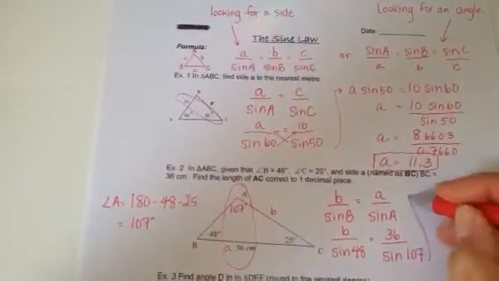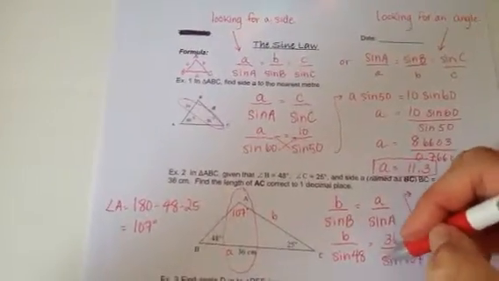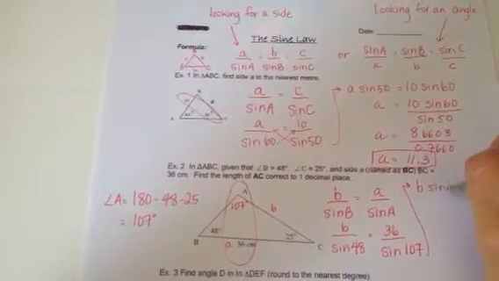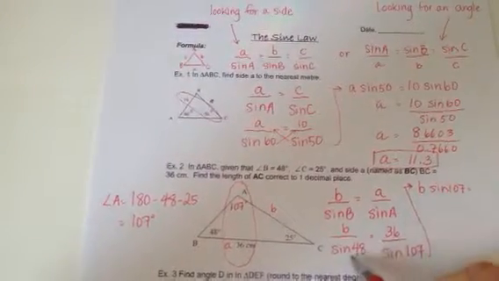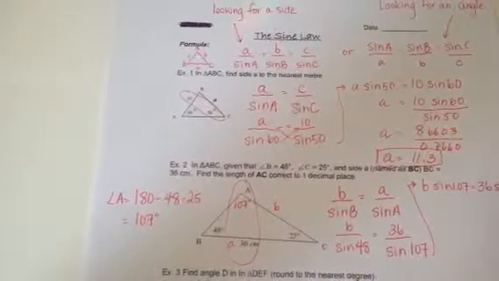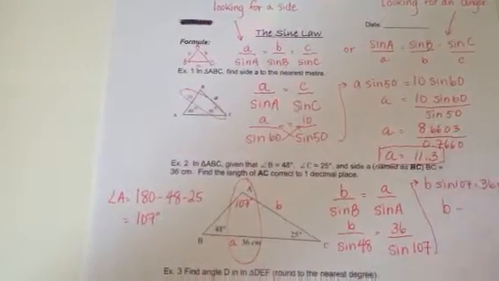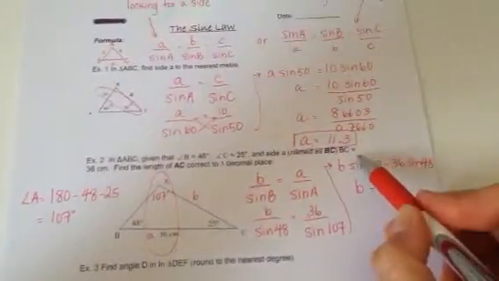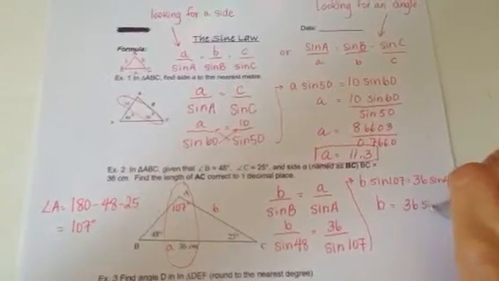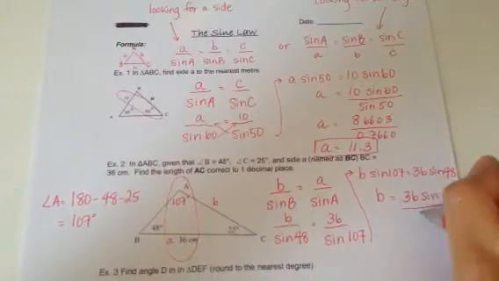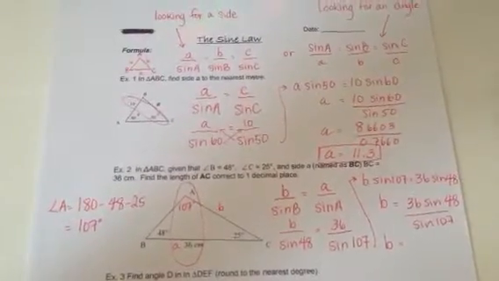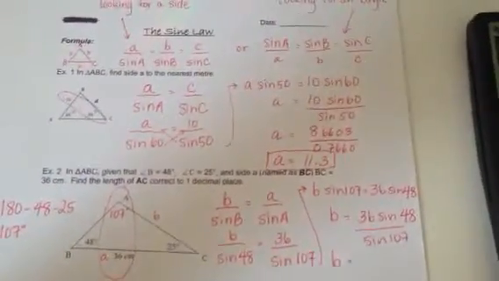We're going to cross multiply. So the sine 107 gets multiplied up to the B, and the sine 48 gets multiplied to the 36. And then we need to get rid of this sine 107, and we're going to divide it to the other side. Okay, so here's plugging into the calculator.